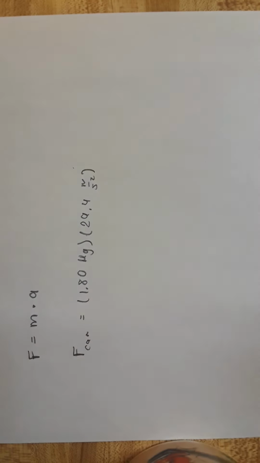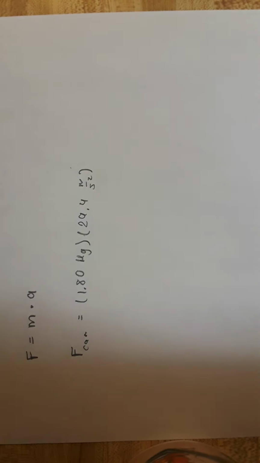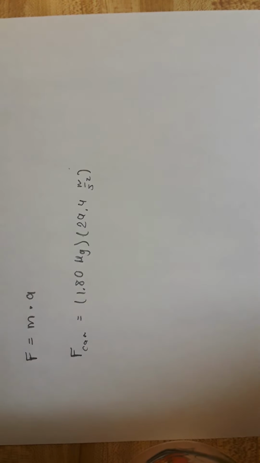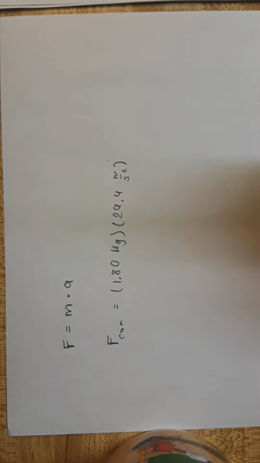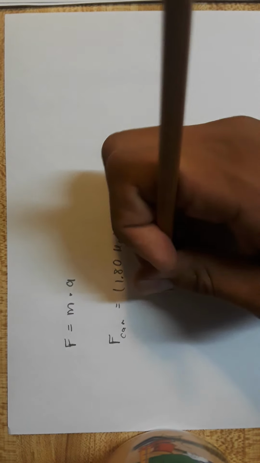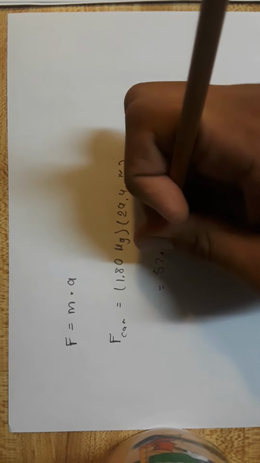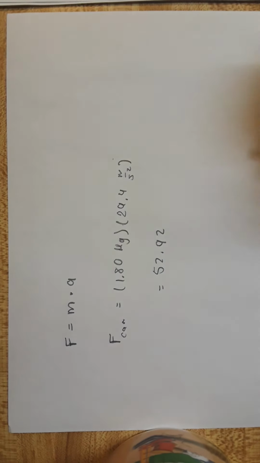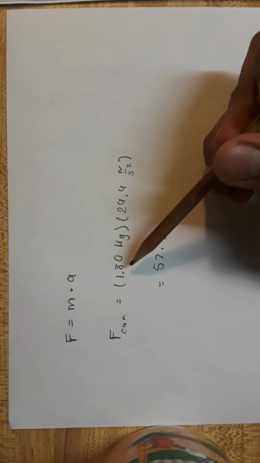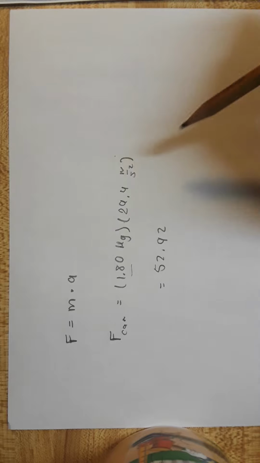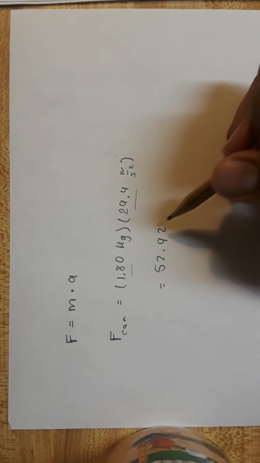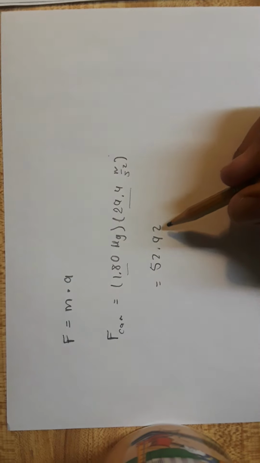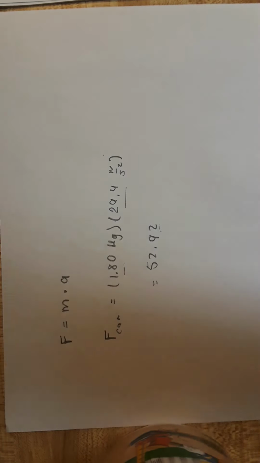Okay, and I'm going to do that real quick. I don't really know this off the top of my head. According to the calculator, this is equivalent to 52.92. But let us count the significant figures. We have 3 significant figures here and 3 significant figures here. So we must either round it down or up. In this case, 2 rounds down.